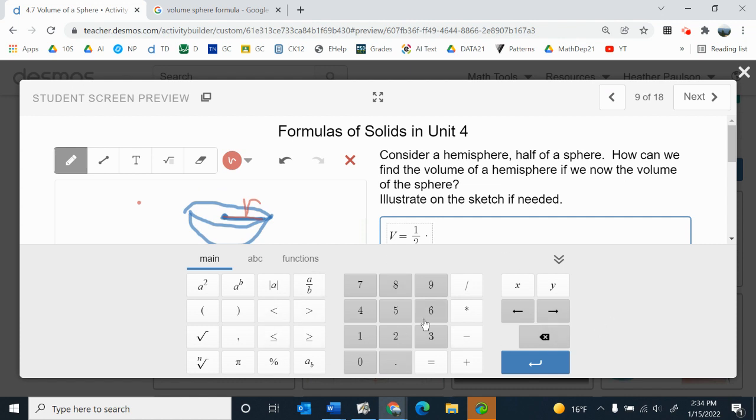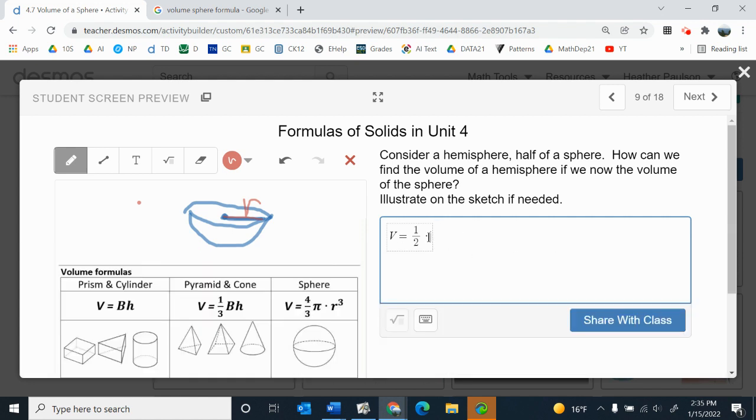And that keyboard allows you to multiply. Notice that asterisk. Okay, but then we also need the 4 divided by 3, and then we need pi. Remember, type pi in lowercase, and the symbol pi will come up. And then we have our radius, shift 6. Look for the little caret. That brings up the exponent, the power of 3.